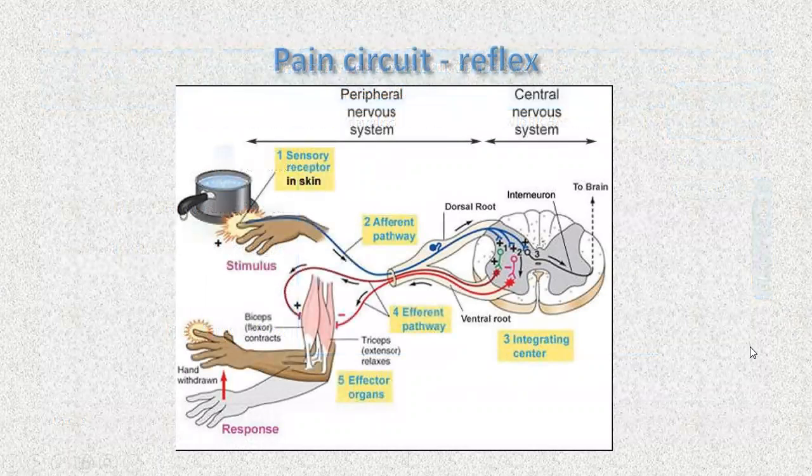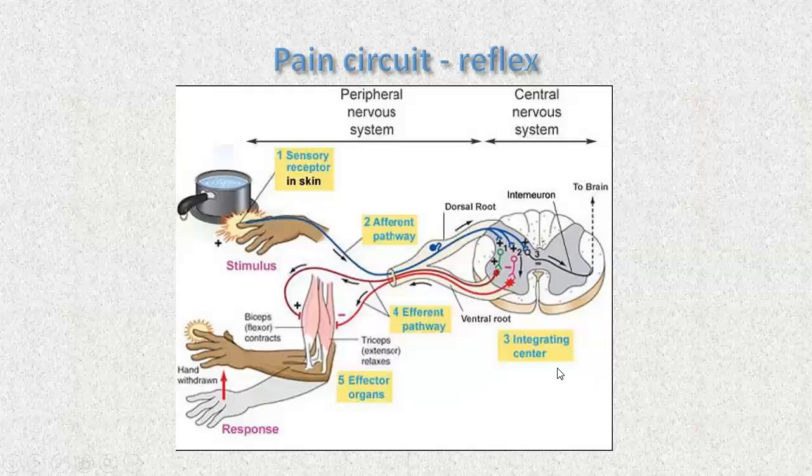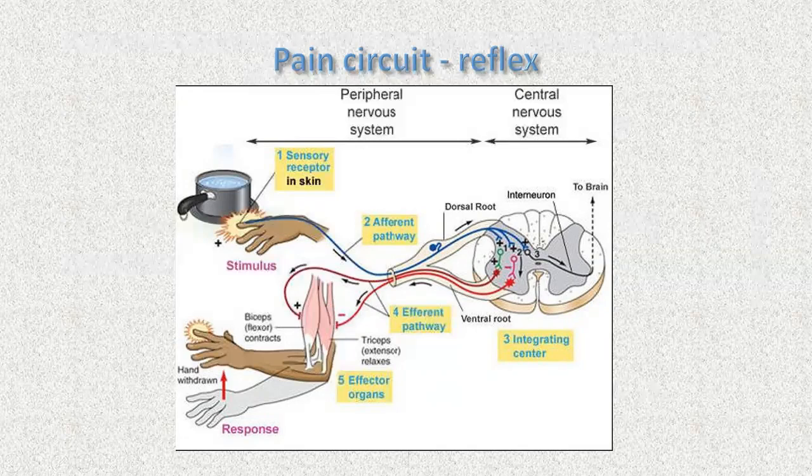Our next subject for finishing off the discussion about pain is pain circuits. We talked about straightforward reflexes, like the muscle stretch reflex with the little hammer. The pain circuit reflex is very similar to that. You have some kind of stimulus stimulating fast fibers, which lead directly to the spinal cord.